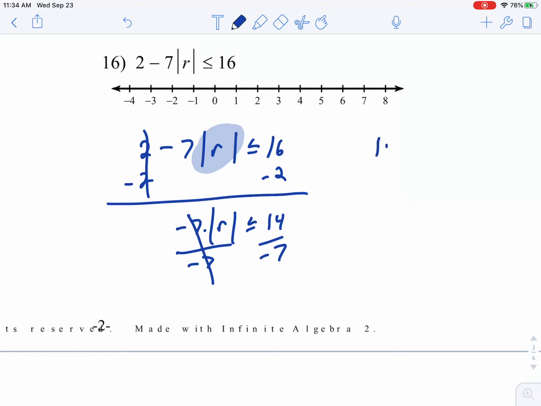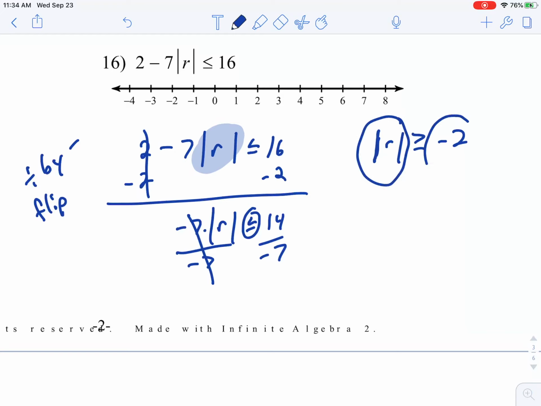I get absolute r greater than or equal, right? Divide by a negative, flip the sign. That's what's happening here. 14 divided by -7 is -2. Absolute value is greater than or equal to a negative number. All positives are always greater than all negatives, so this is an all real numbers answer.